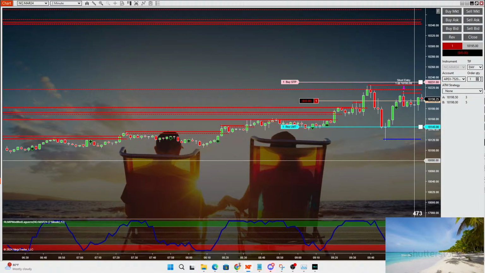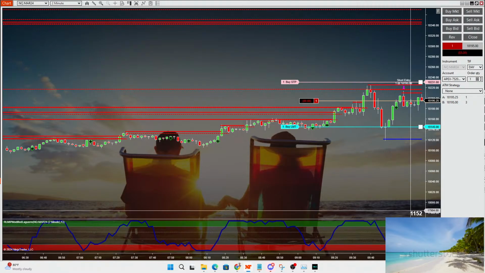Well, you could see this is a rough market. This is the NASDAQ, which is usually like a Lamborghini. Looks like we're at just about 1,000 contracts per minute. Now, when that number starts going to 3,000 and 4,000, you know that the institutions are really pushing price one way or the other.